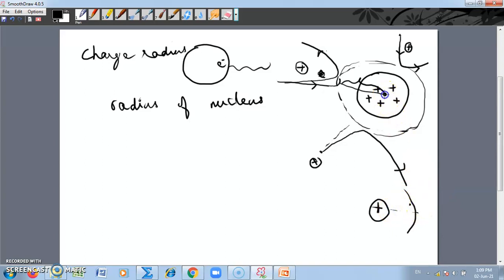Similarly, the positively charged nucleus creates an effect on another charge up to a certain distance. So if I make a positively charged particle move towards it, it will move away like this, and this is the charge radius. This is found by indirect methods like this, which are called electromagnetic methods.